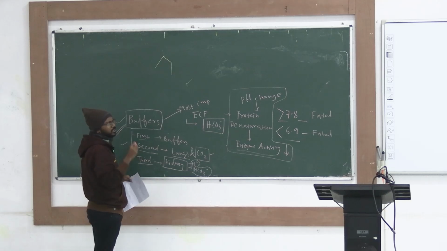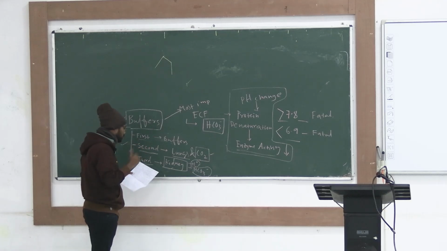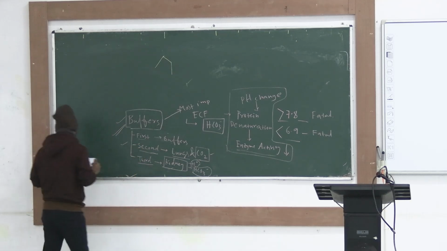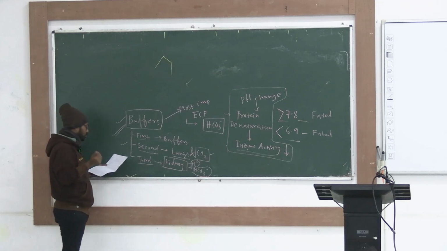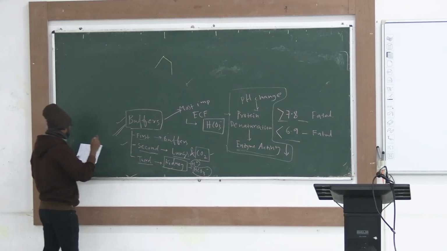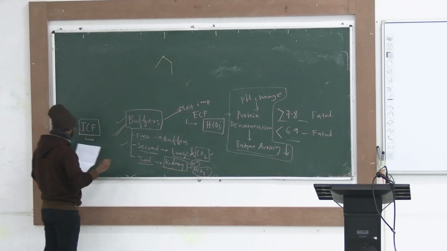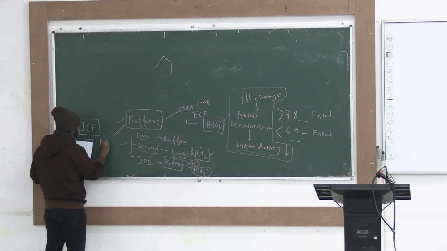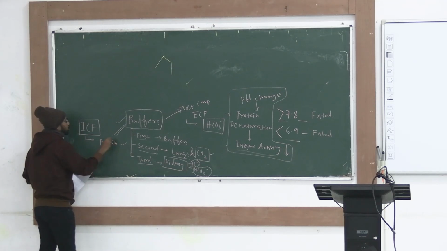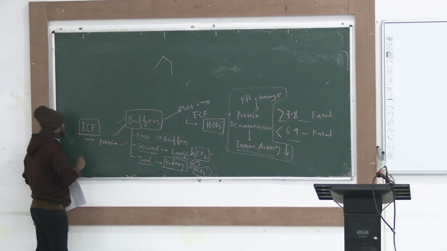Most plentiful means the buffer which is present in the largest amount. So the most plentiful buffer in our body, in intracellular fluid, is your proteins. I have already talked about intracellular proteins in previous classes.